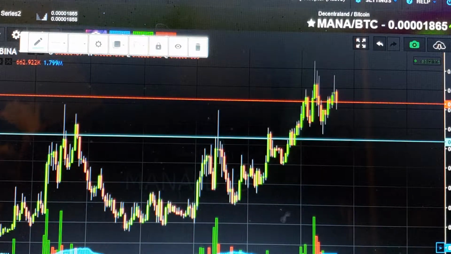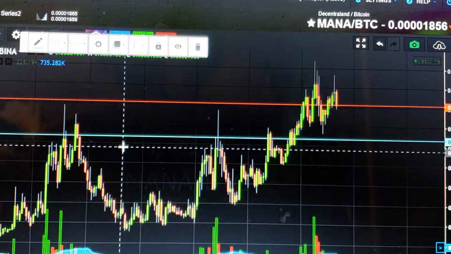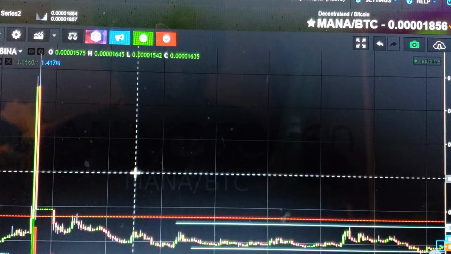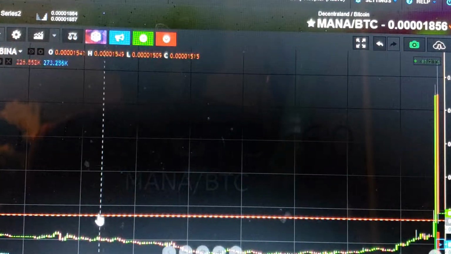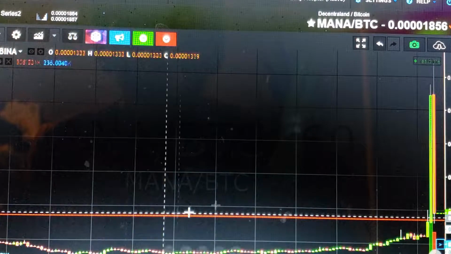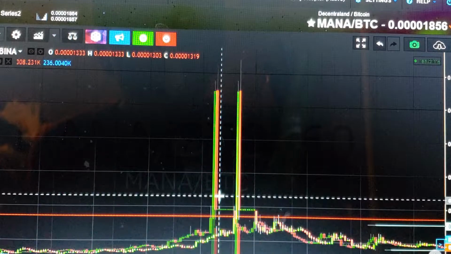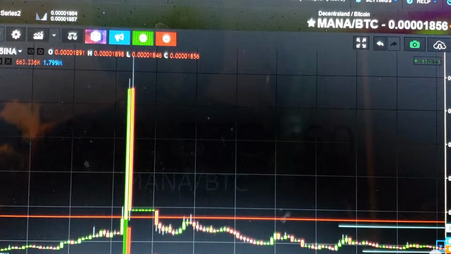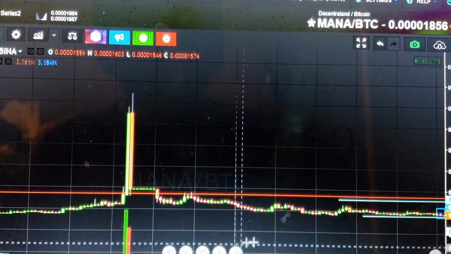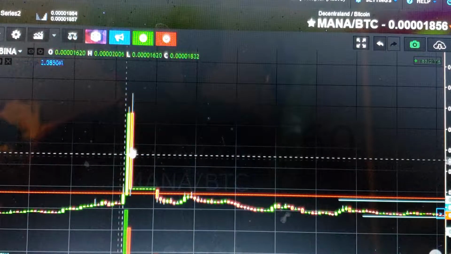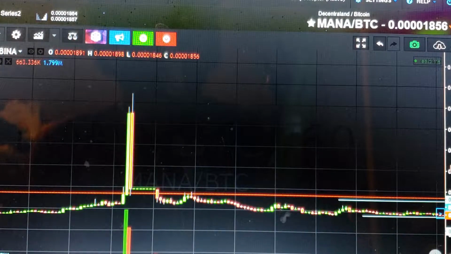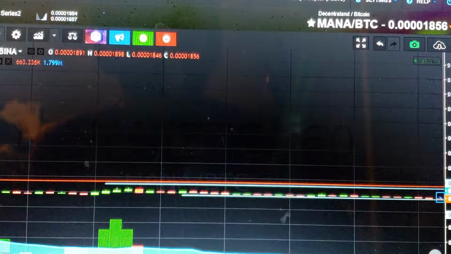So here's the thing that I like about MANA. Let's go back a little bit. So we're shrinking it down. See this spike?